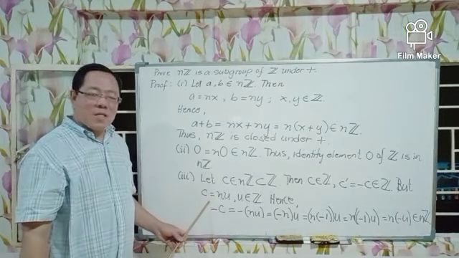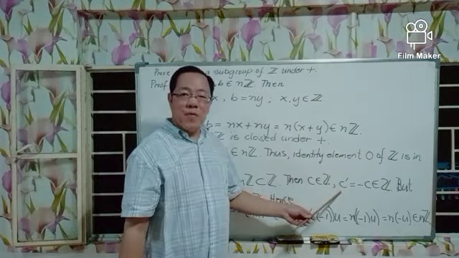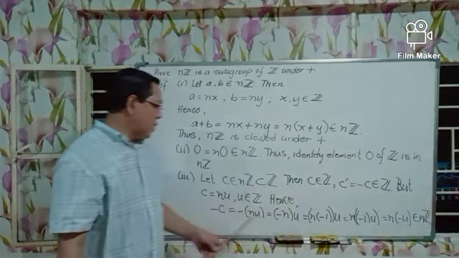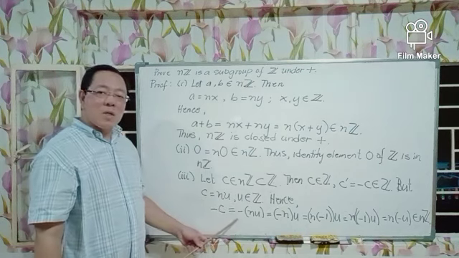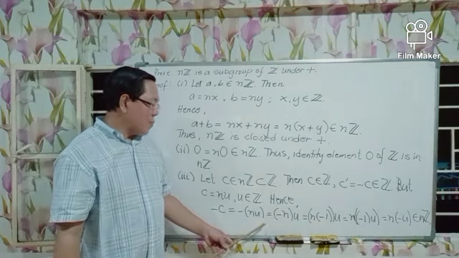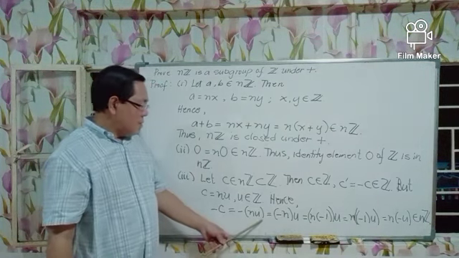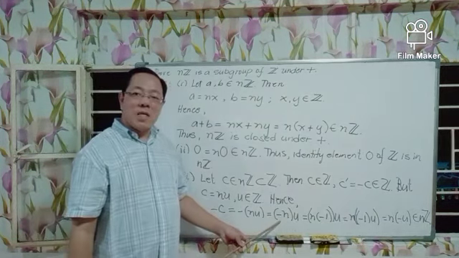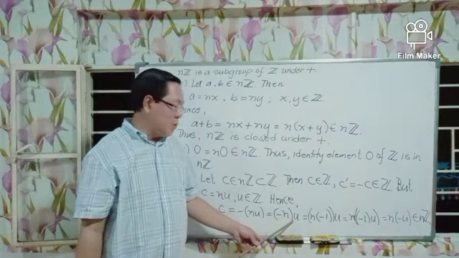Now, using the fact that c is equal to n multiplied by u, the inverse of c denoted by c prime equals minus c can now be written as, we replace c by nu, minus c equals minus 1 times quantity nu, and we apply the associative property. By the associative property, negative of quantity nu is equal to negative 1 multiplied by n times u.